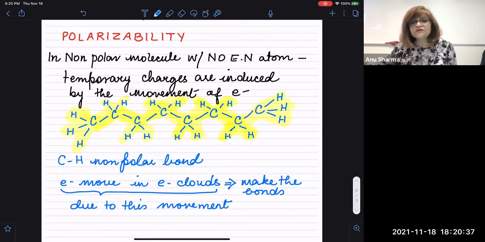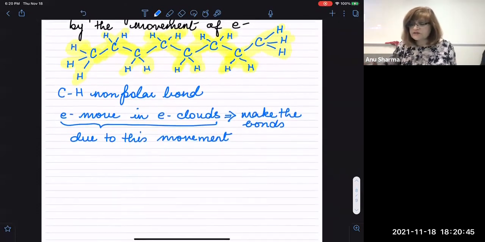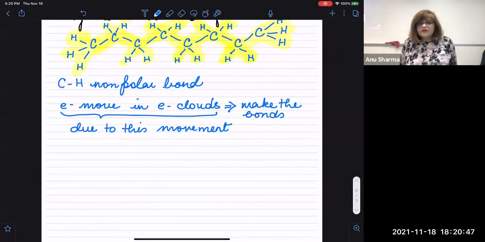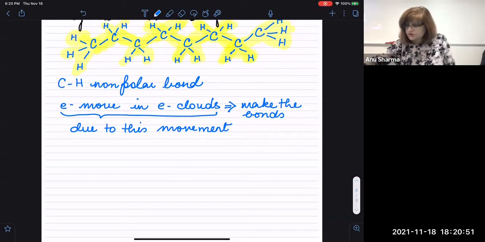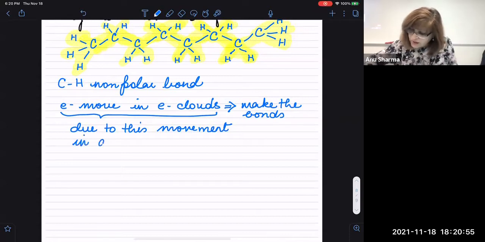Wherever the electrons are deficient, although they may be bonded, remember this anti-bonding means no electrons are going to be found there, so momentarily a positive charge is going to be introduced.